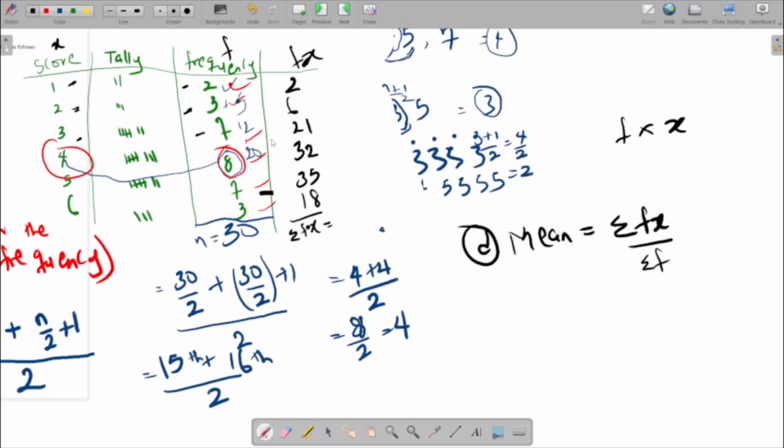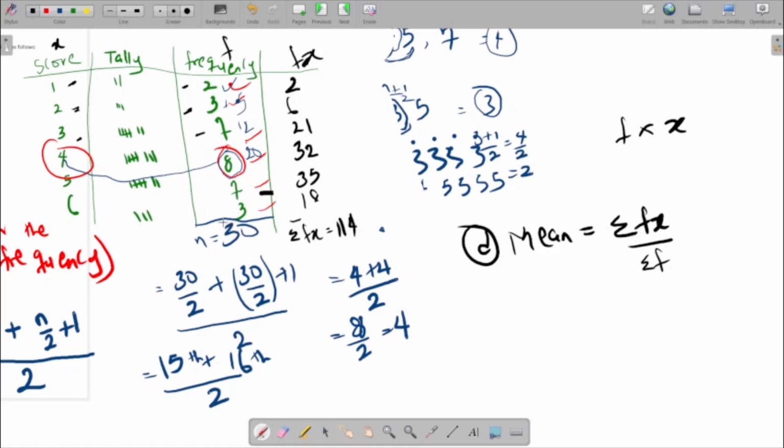And 96 plus 18 will give us 114. So we have the total value of fx as 114.